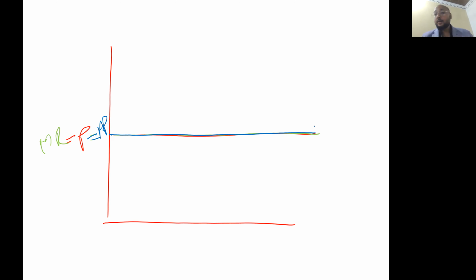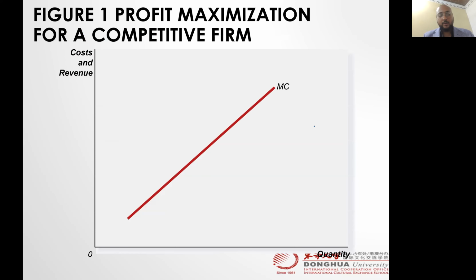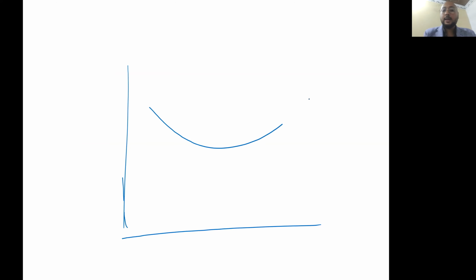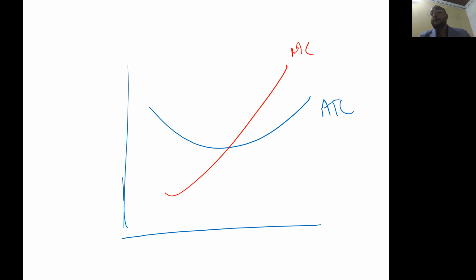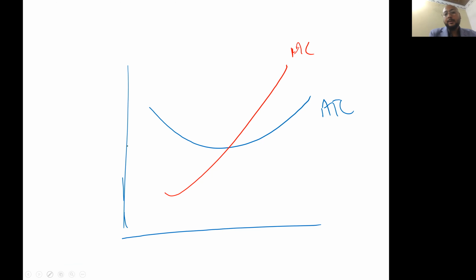All right. And what is our cost structure? We talked about it in our previous lecture: the average total cost is U-shaped, MC cuts the ATC at its minimum. All right. If we combine our revenue structure with the cost structure together, here we go.